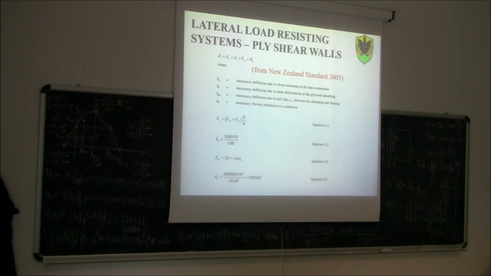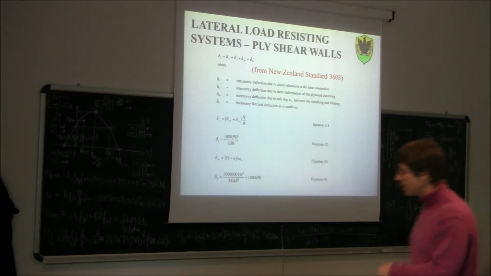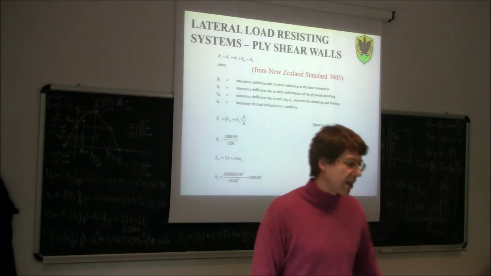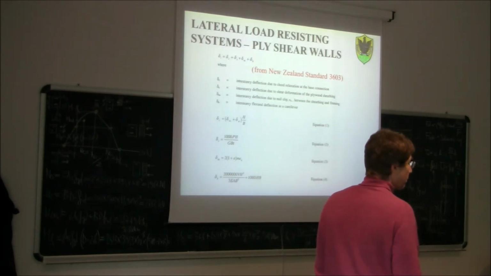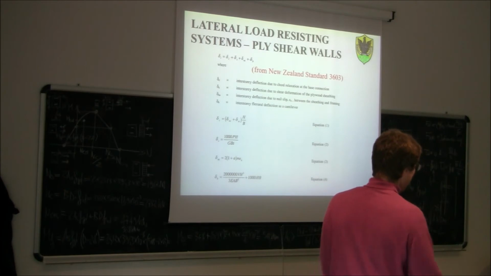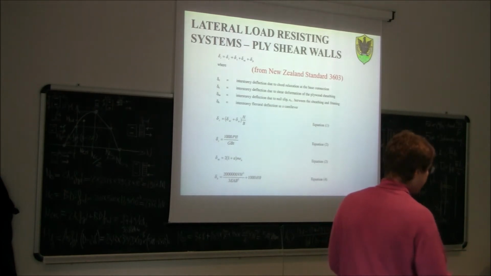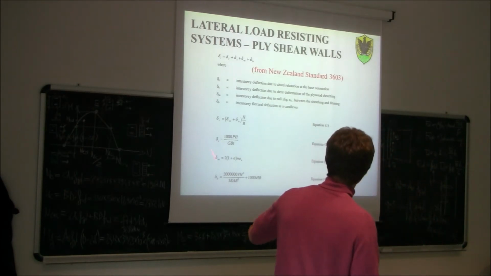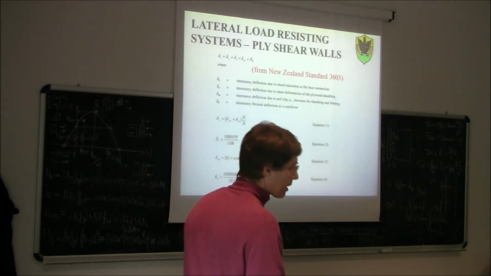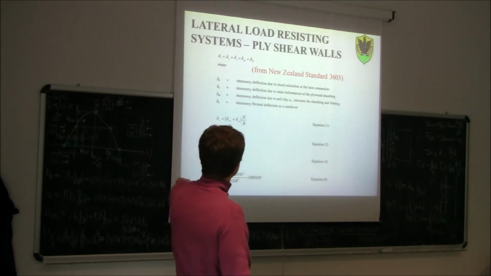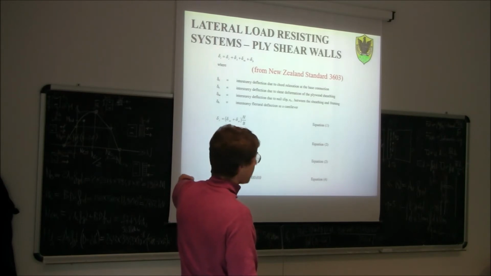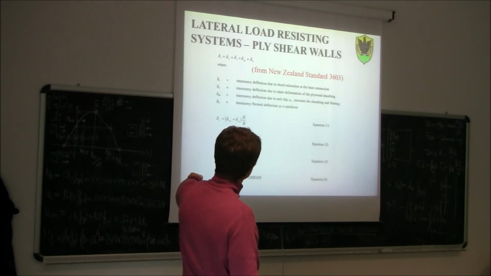For the time being, the only available formulas are the ones that you can see here, taken from the New Zealand standard, the design standard of New Zealand, which was in some way copied almost by the Canadian standard. So in the end, these formulas are more or less the same in the Canadian and New Zealand standards. In this formula, as you can see, the total deflection on top of the wall is given by the sum of 4 components.